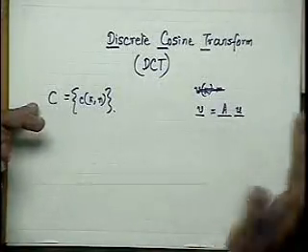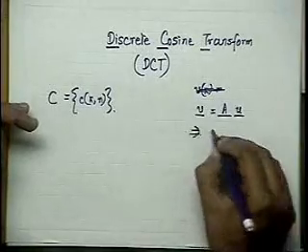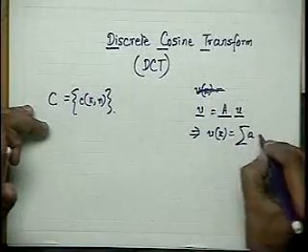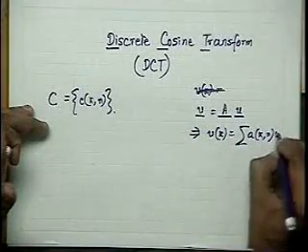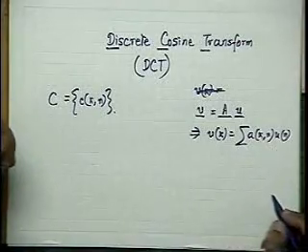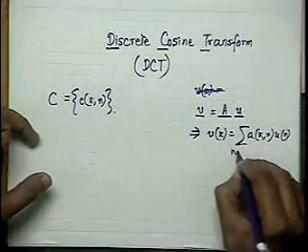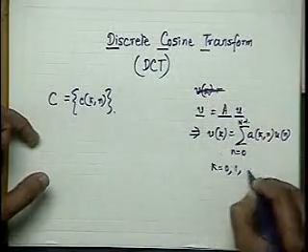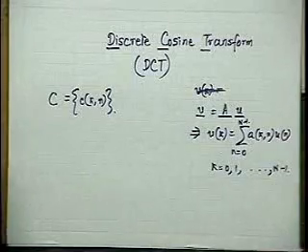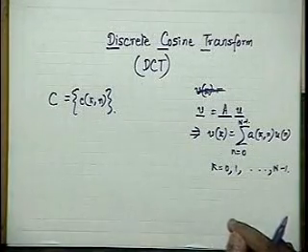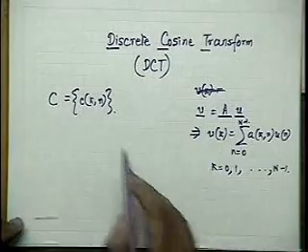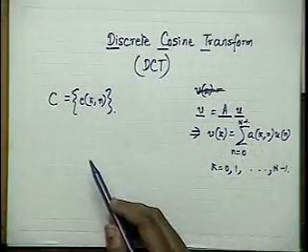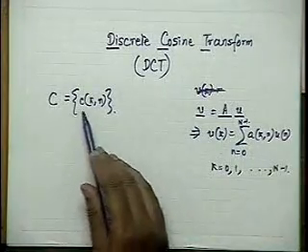I was writing this as Vk equal to summation of A k,n Un, for n equal to 0 to N minus 1, and this was defined for k equal to 0, 1, etc., up to N minus 1. This was my original expression. Now for C of k,n, the elements of this transformation matrix, instead of calling it A, I am calling it C, just because it is a cosine transformation.